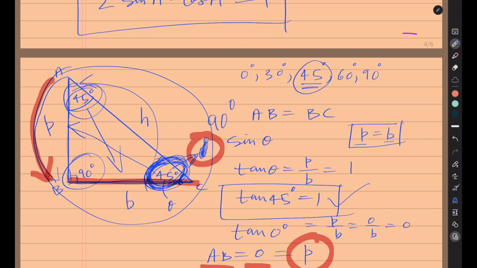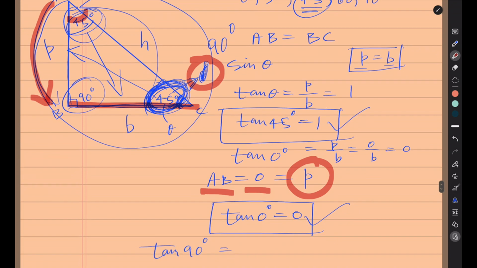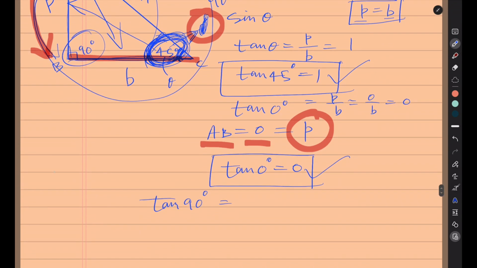Then AB has to be so large that this angle will become 90 degree, and then this angle has to be 0 degree, and the triangle will just look something like this. And A has to go till infinity so that this angle becomes 0 degree. This also 90 degree and this also 90 degree.